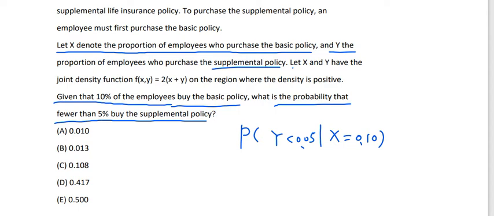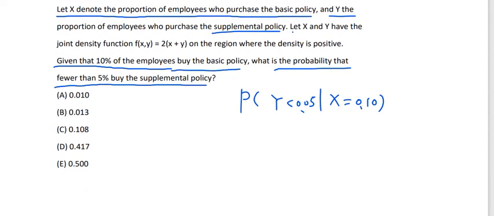So when x equals 0.10, we just define the density function for y. When x is fixed at 0.1, y equals 2 times 0.1 plus y.